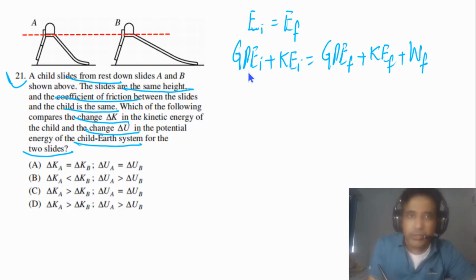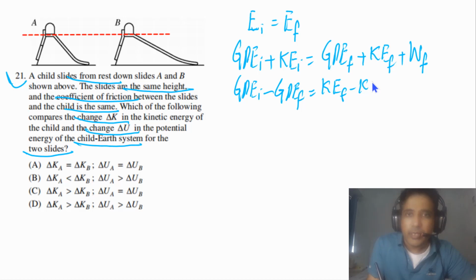Now we can rearrange this, so we can write GPE initial minus GPE final equal to kinetic energy final minus kinetic energy initial plus work done against friction.